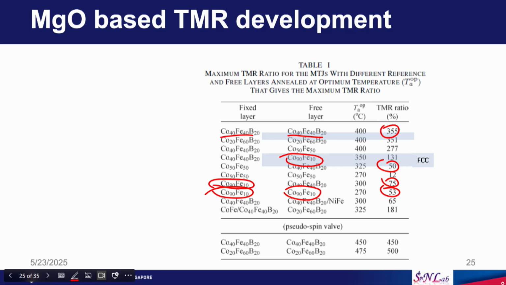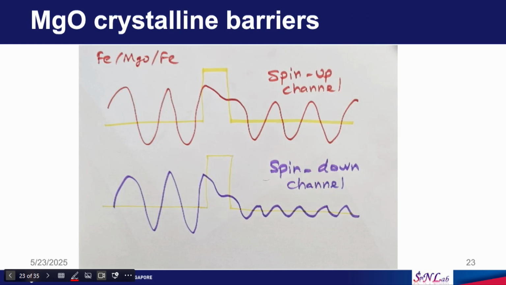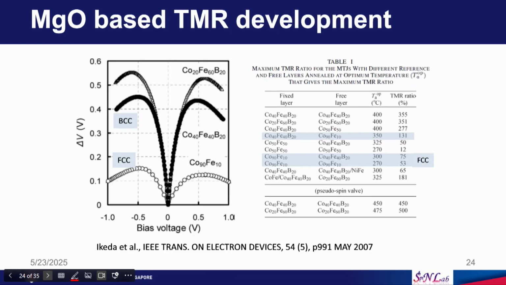Okay, so, this is what the theory predicted. I mean the theory actually proposed. The theory proposed that you should use magnesium oxide with a BCC 001 texture between two layers of iron to get high TMR.